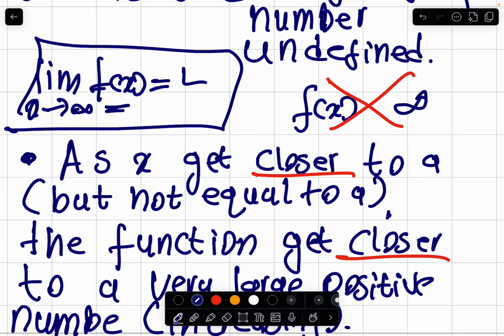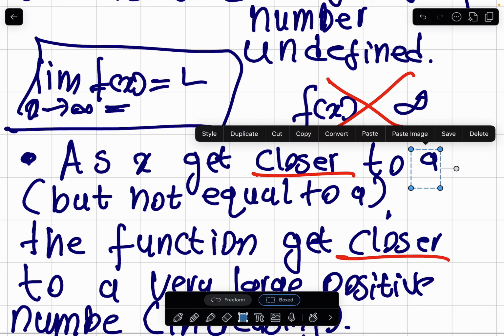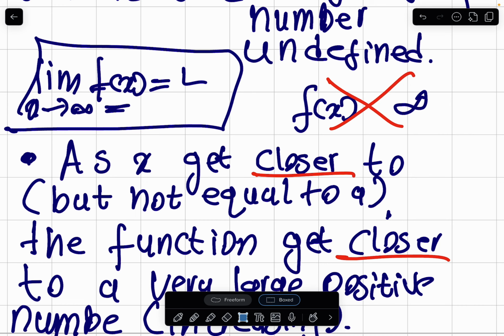So whatever you're going to do, you're going to remove whatever you had and replace it. You remove the a and replace it by a very large positive number.